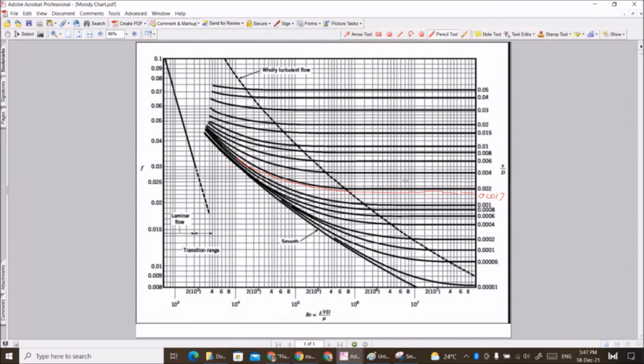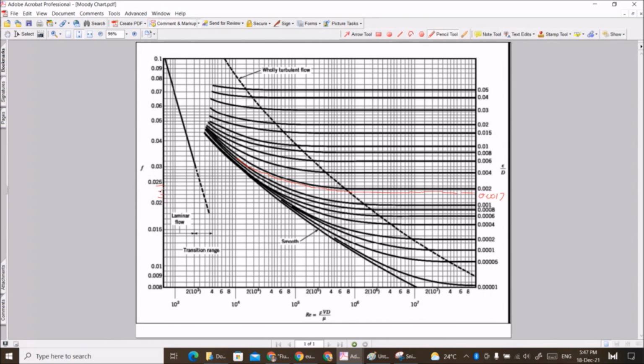Now, first assumption, we will assume f is equal to 0.02. So here 0.2, 1, 2, 3, 4, and this 25.